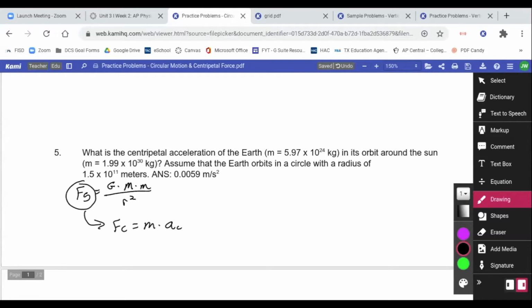So if we divided by mass, would that get us the acceleration? We have the mass of Earth. If we've solved for the centripetal force and we have the mass, couldn't we divide by the mass? So simply divide both sides by m, and that gets us there.